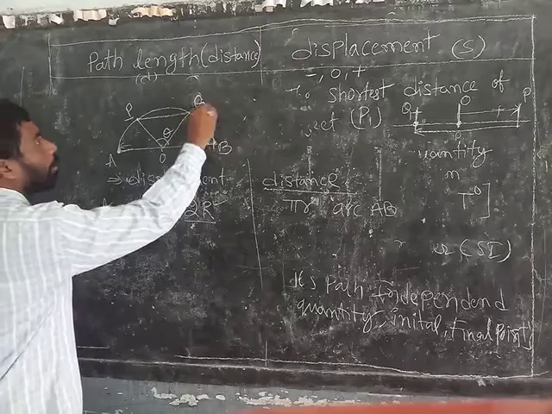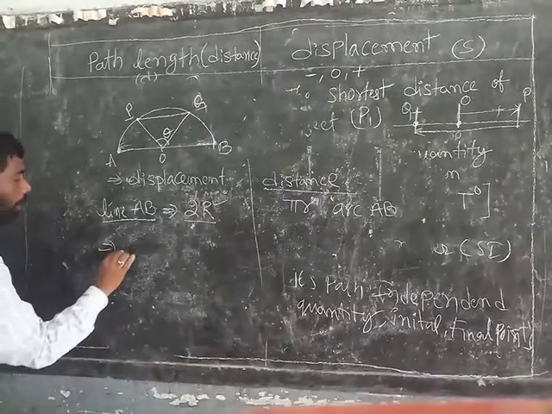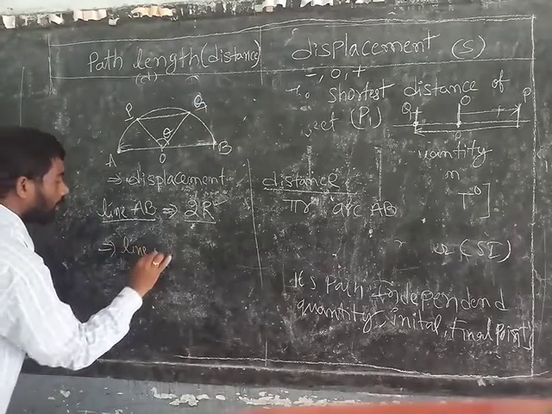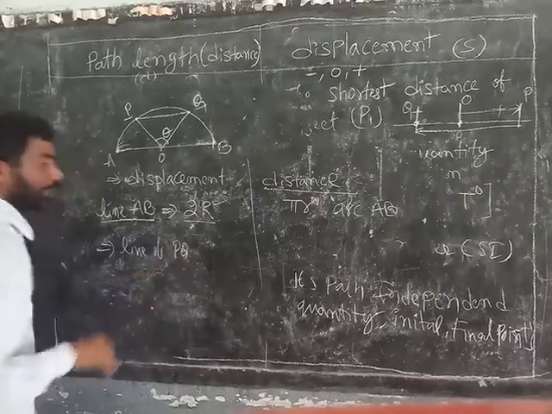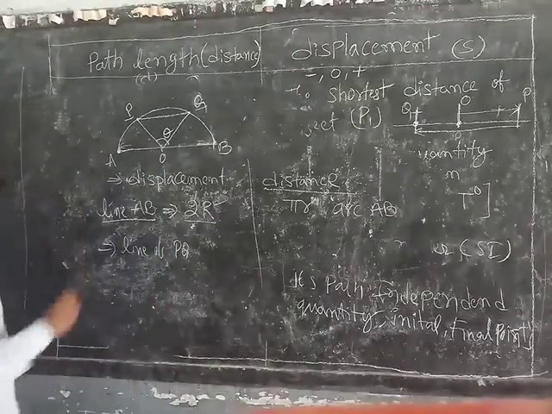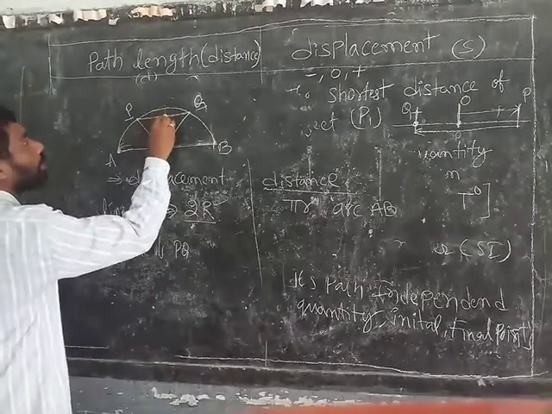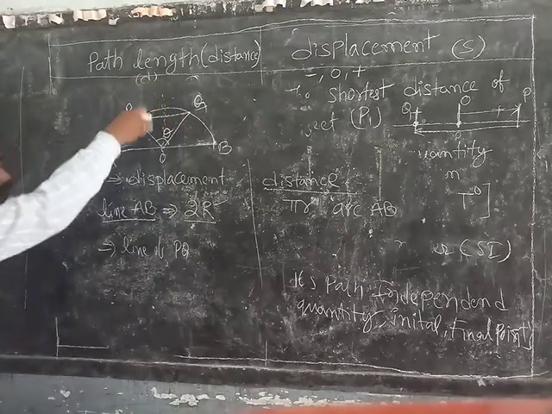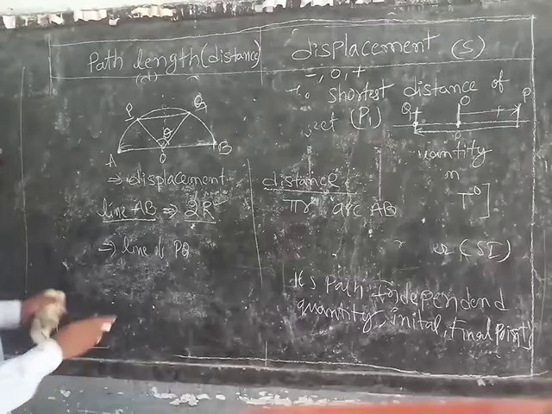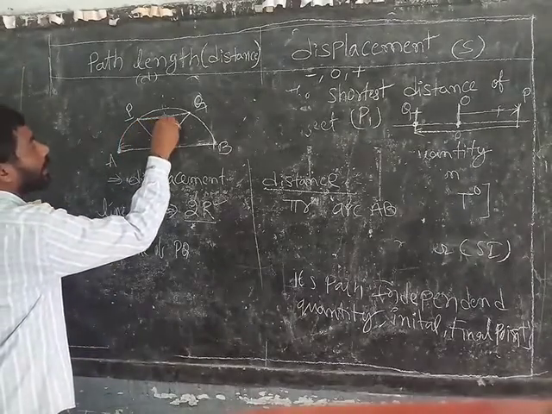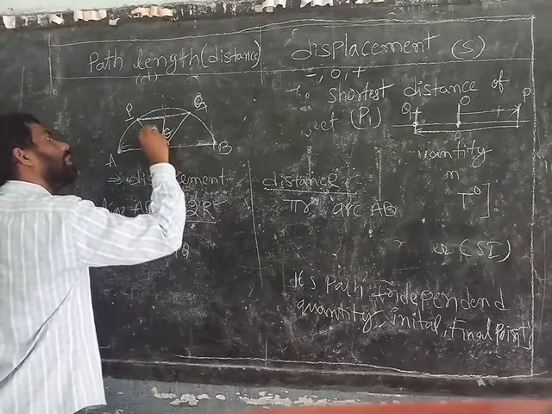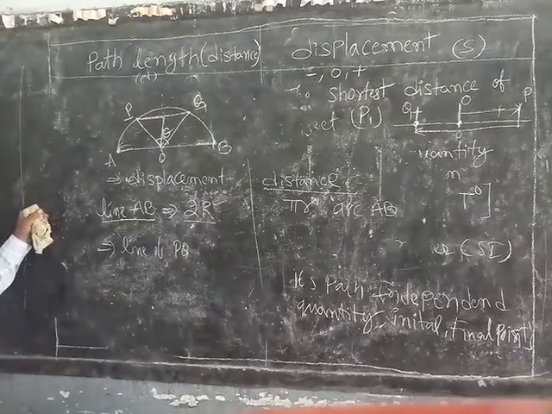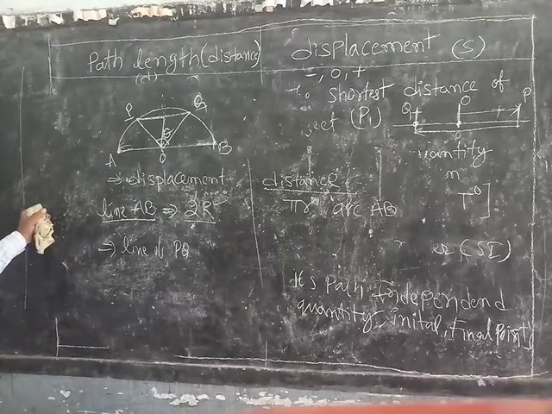The line PQ, see, suppose now it is taken as a normal line. Now it will be like a right-angled triangle.